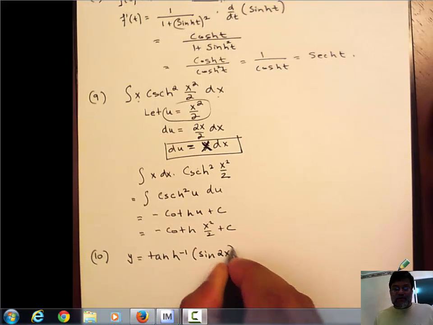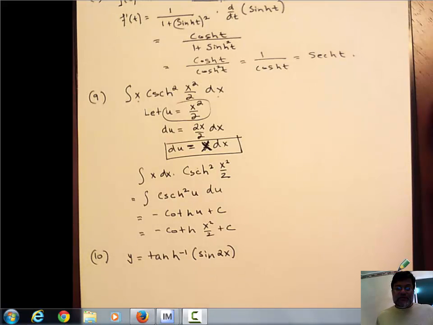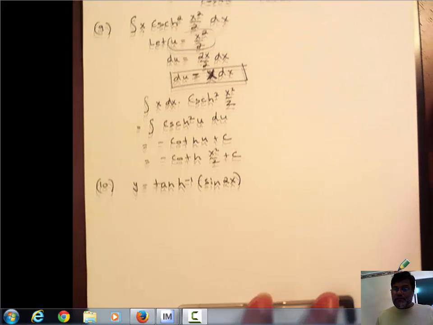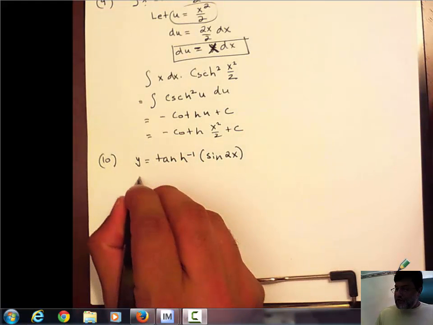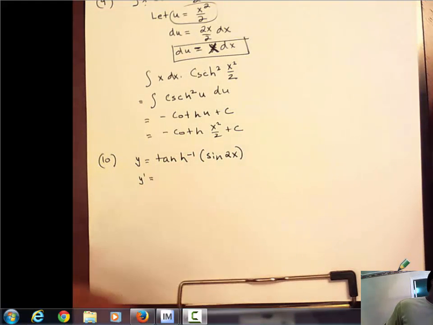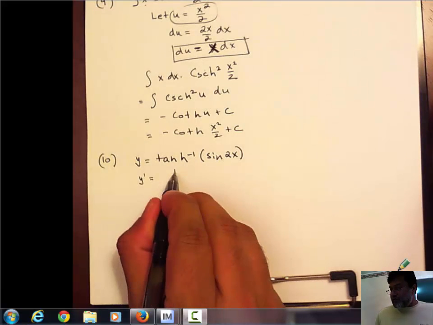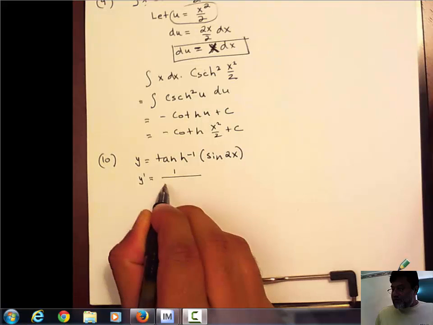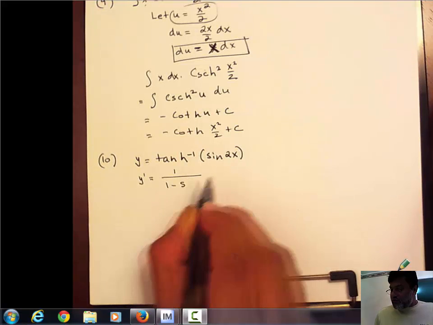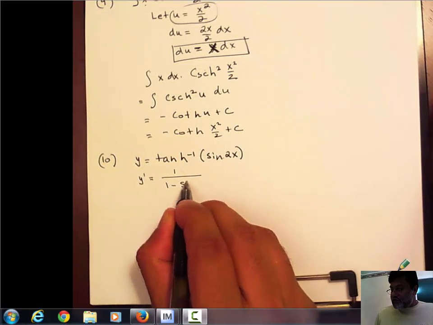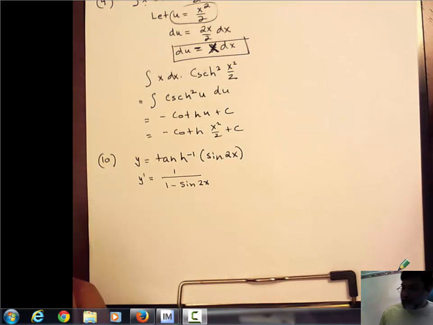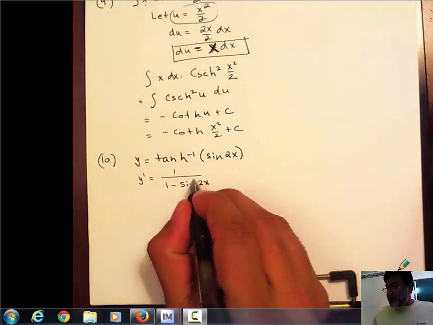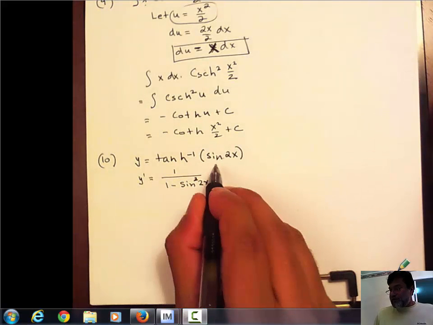And again, we want to take the derivative of this. So y prime, what is the derivative of inverse tangent hyperbolic? Well, that is nothing but 1 over 1 minus u squared. So this is going to be sine 2x. Make sure I'm copying that right. Yeah, sine 2x squared. But then by chain rule, I'm going to take the derivative of that.